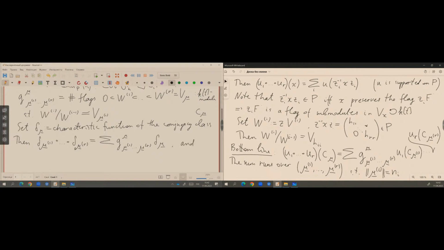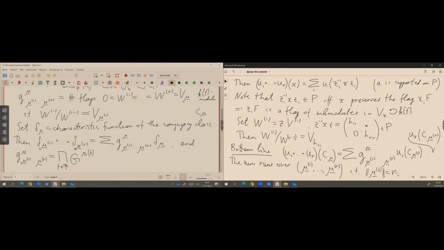And this is the only essential statement to claim, that the structure constants are the products over all irreducible polynomials f of the structure constants that we studied.